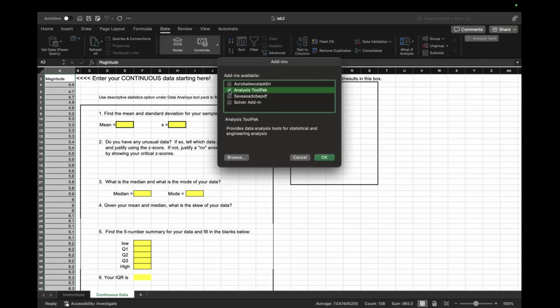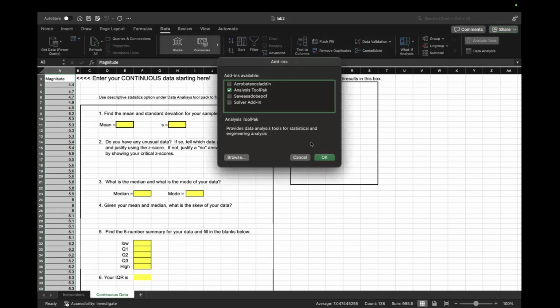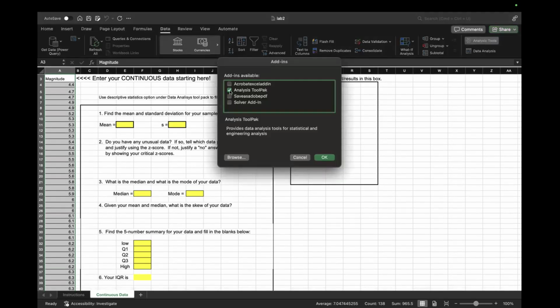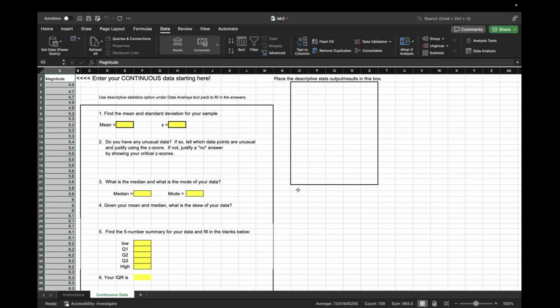When I turn on the analysis tool pack, it shows the data analysis tool right here, and now I can use it. Once again, click on Data at the top, then click on analysis tools and check the analysis tool pack. This gives you an add-on that you need for this lab.